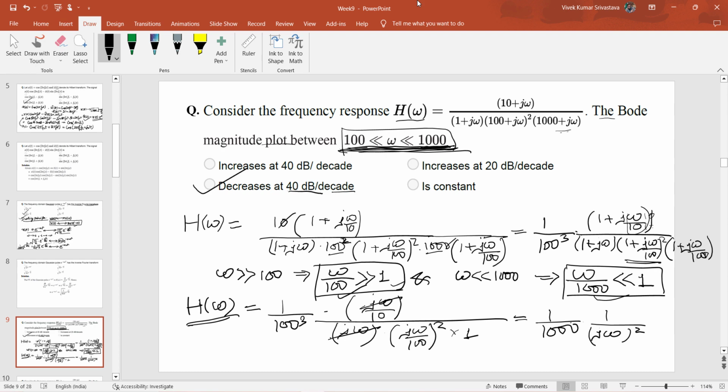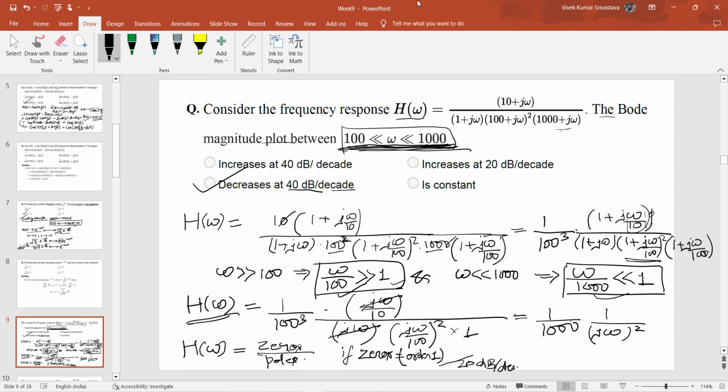From the lecture itself we have seen that any transfer function is defined as a ratio of zeros and poles. If you have only zeros with order of 1, in this case the slope will increase by a factor of 20 dB per decade.